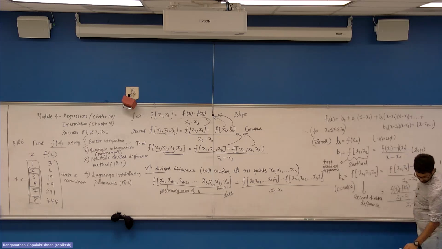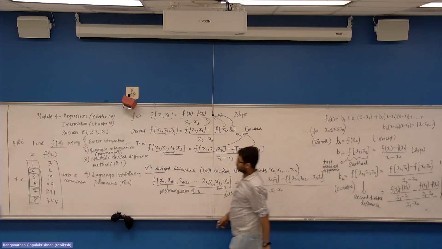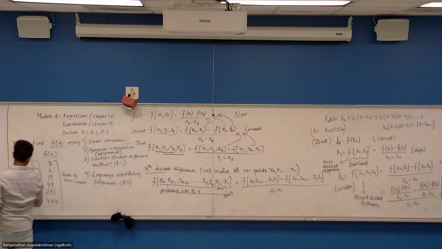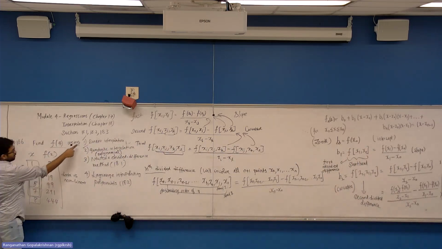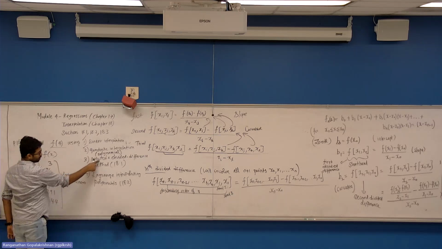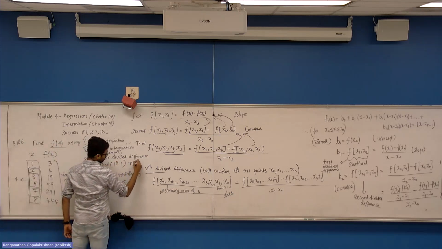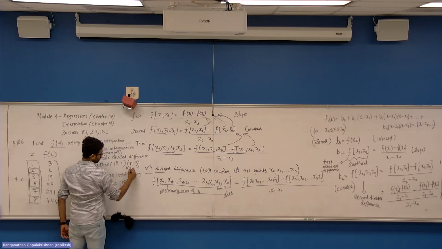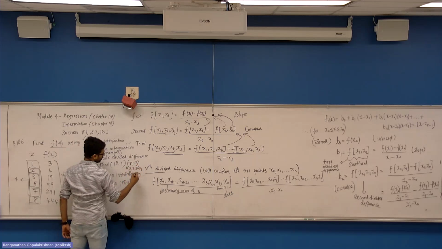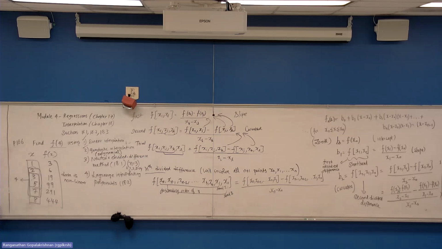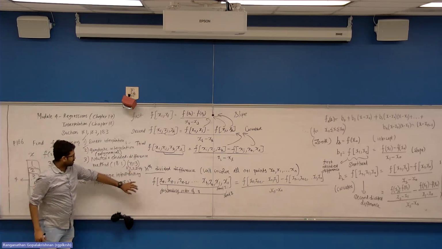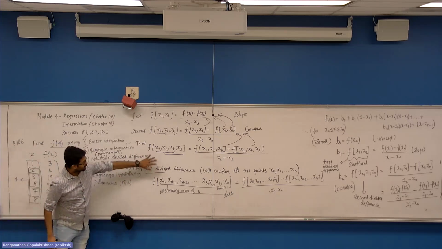Okay. So now what we are going to do is solve the same problem we did before: compute f of 4. We did it with two methods. Now we are going to do it with Newton's divided difference formula with n equals 3, so we'll have 0, 1, 2, 3, which involves 4 terms. So we'll use up to the third divided difference, starting with this formula.